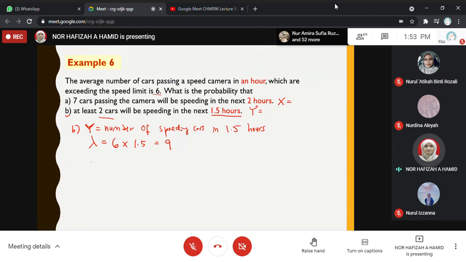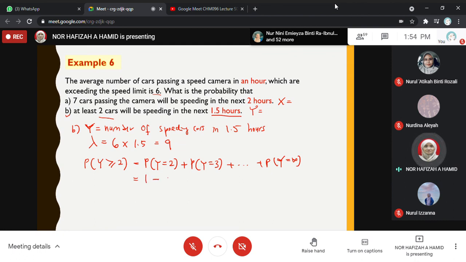So kalau at least 2, you punya probability of Y must be greater and equal to 2. Sebab dia nak sekurang-kurang itu. Okay, so dia also equal to probability of Y equal to 2 plus with probability of Y equal to 3 until probability of Y equal to infinity. Okay, so kita calculate reverse balik lah.